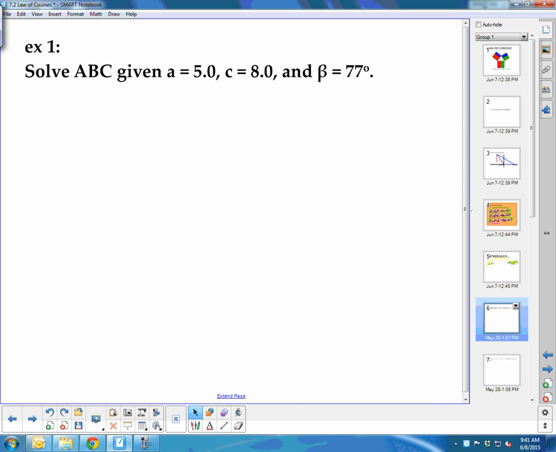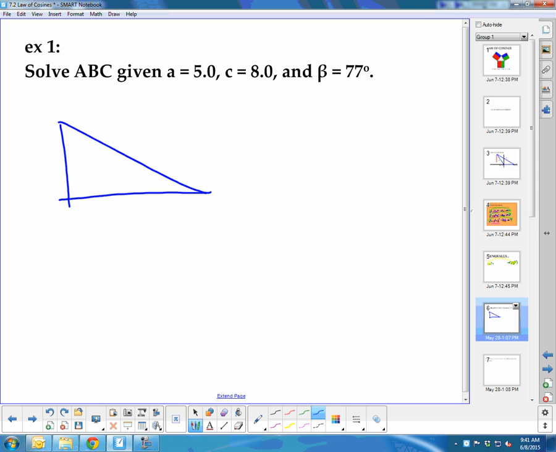So our first case is: solve triangle ABC given a being 5, c being 8, and beta being 77 degrees. If we make a quick diagram of this for some triangle, I'll mark this as 77 degrees. If that's beta, that makes this side b.